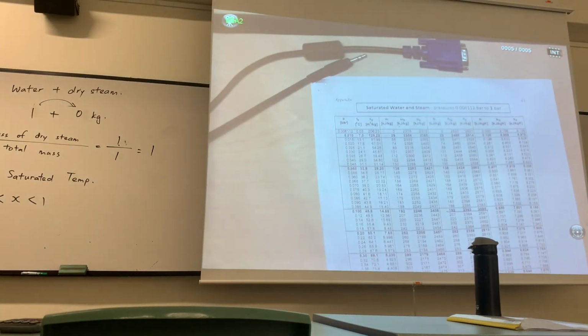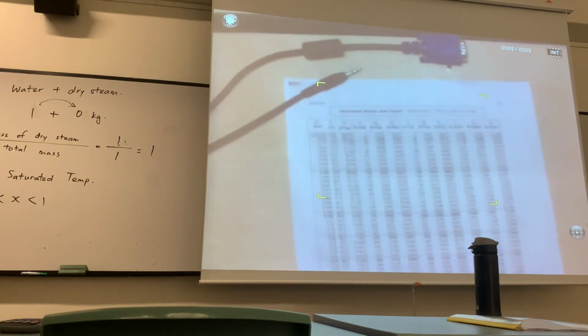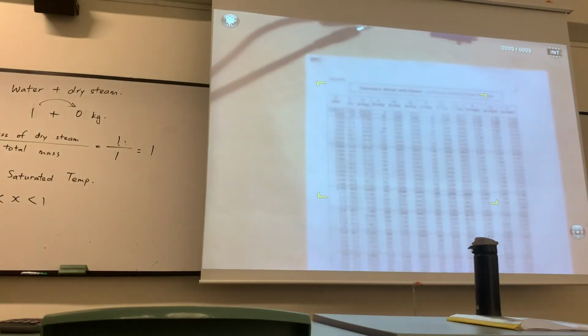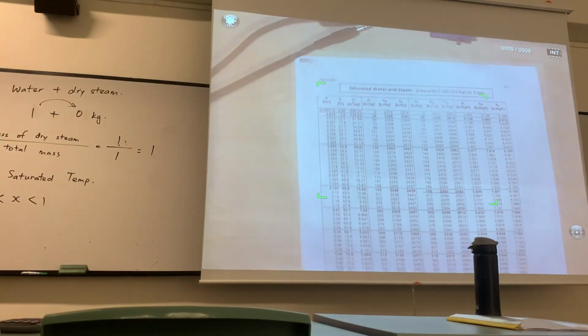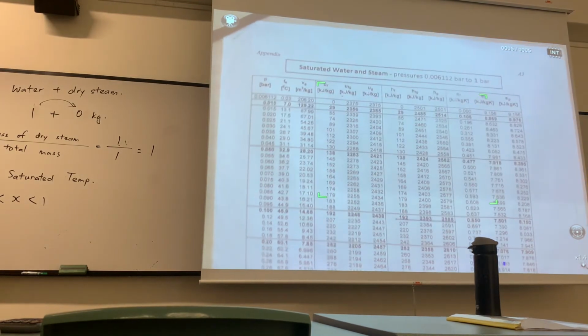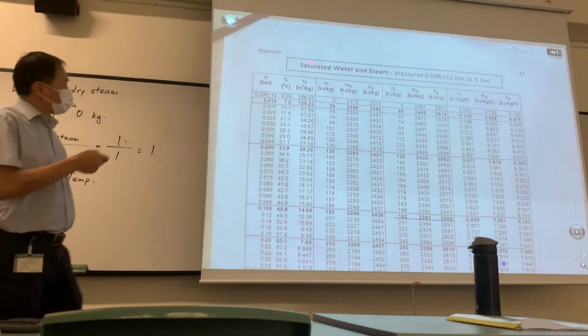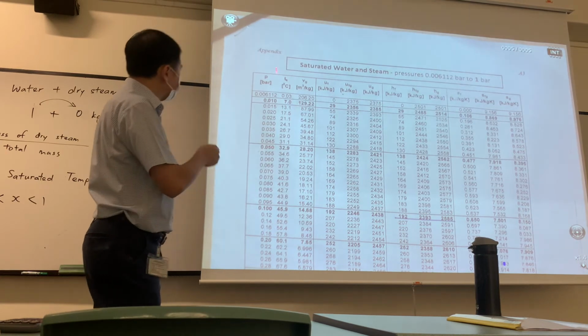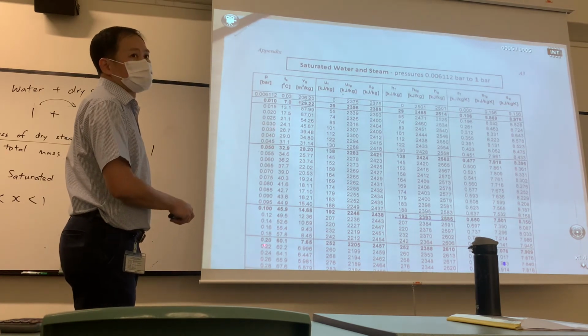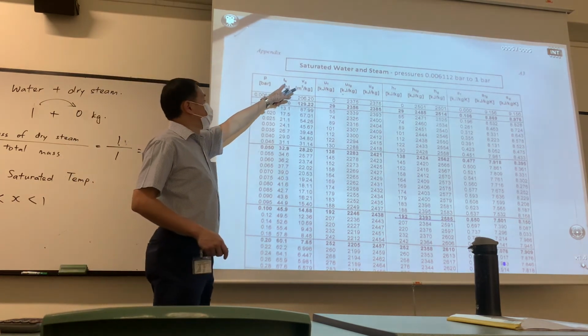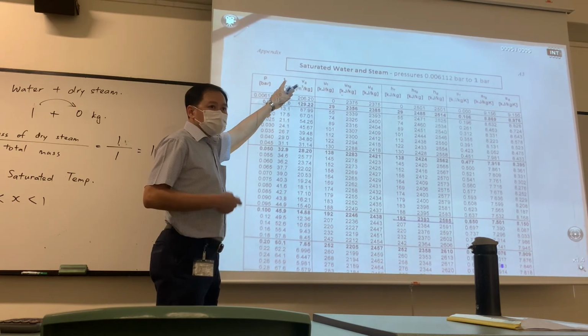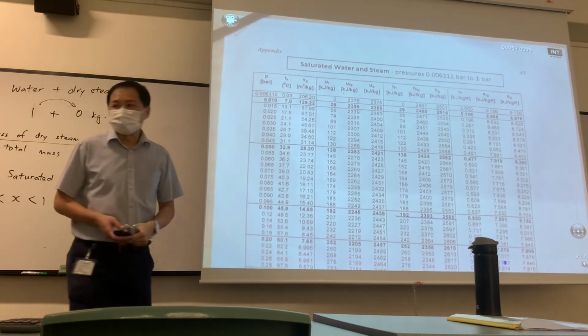Okay, you can see this steam table, the one that you have. I zoom it in a bit. You see saturated water and steam. The first column is pressure. The second column is Ts, saturated temperature, so this is your boiling point.